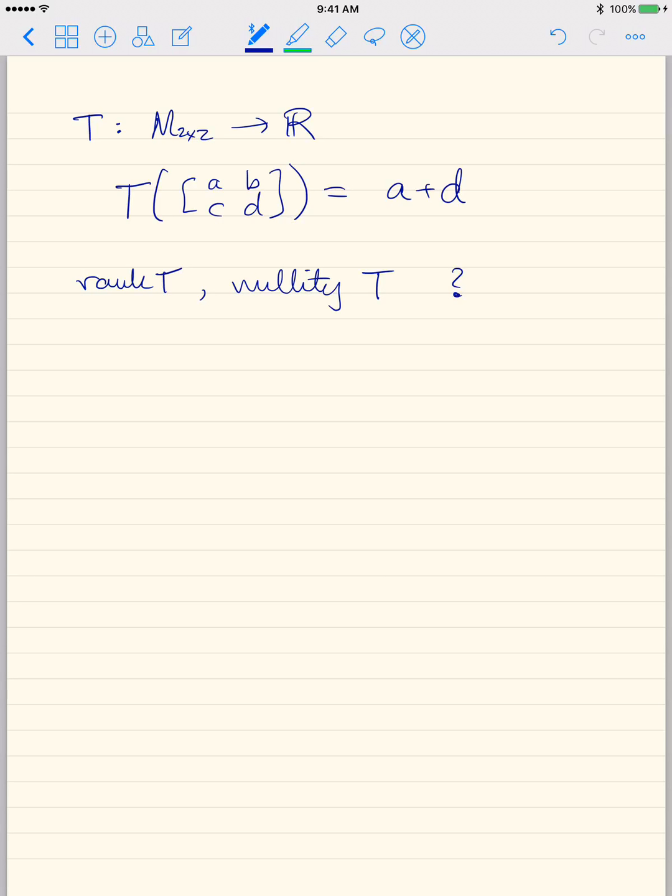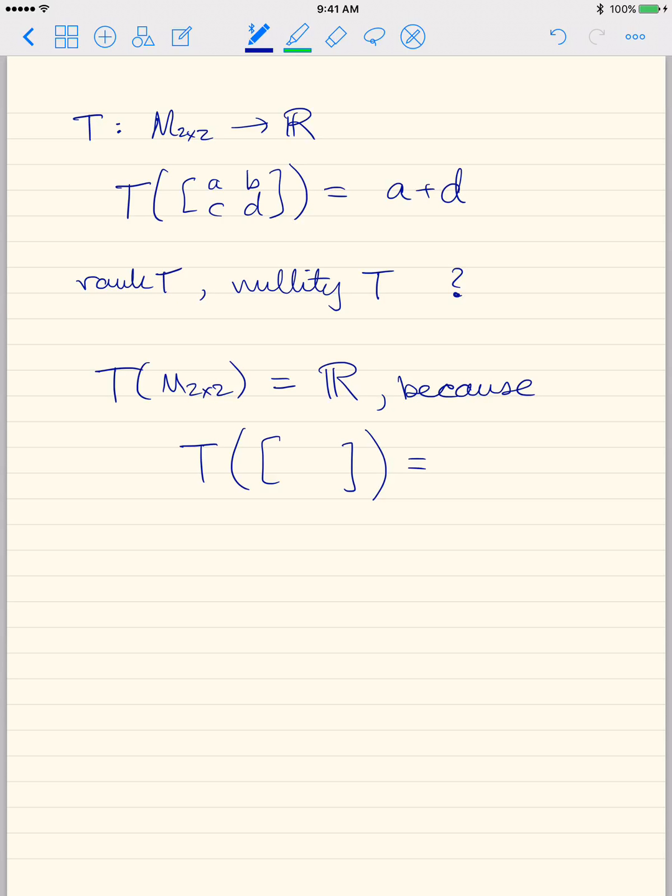Yeah, all real numbers. So the range of T, the image of the domain under the function, is equal to the whole real line. Because, for example, what kind of matrix could I use to get me some particular value x out? What would be a matrix?